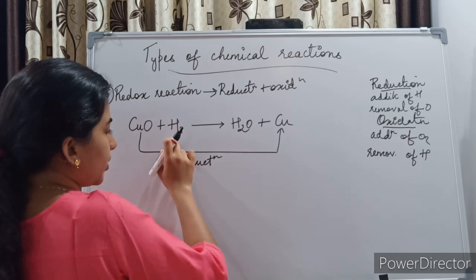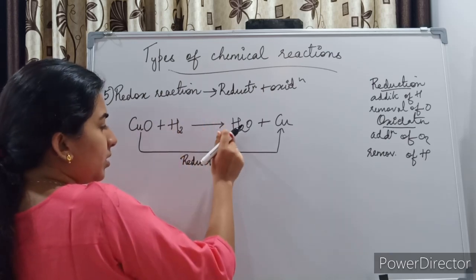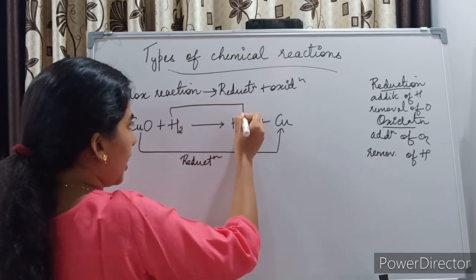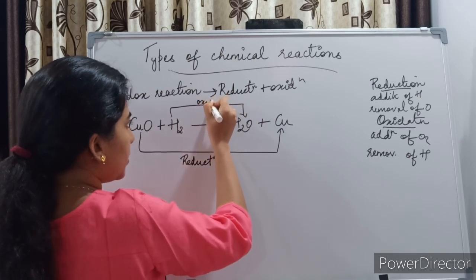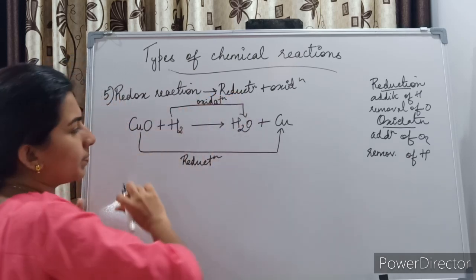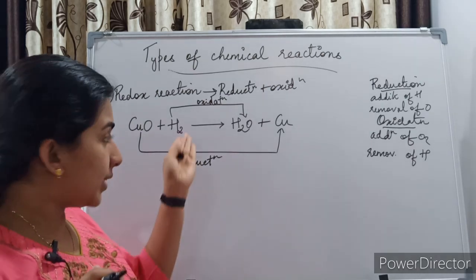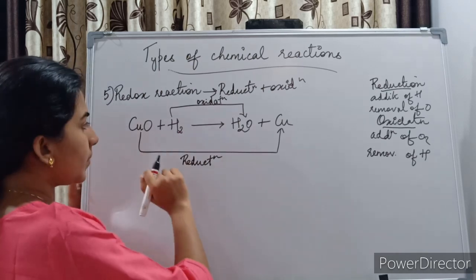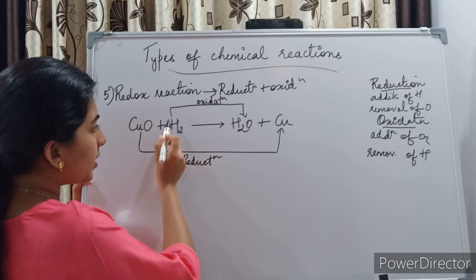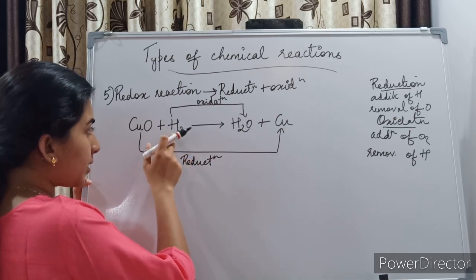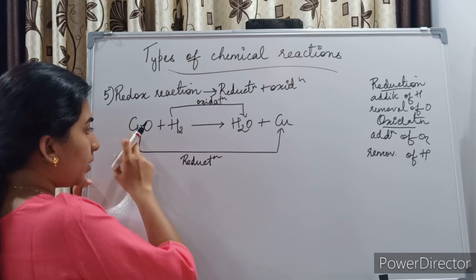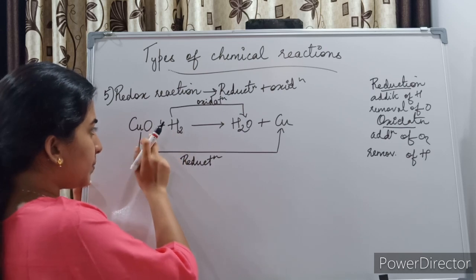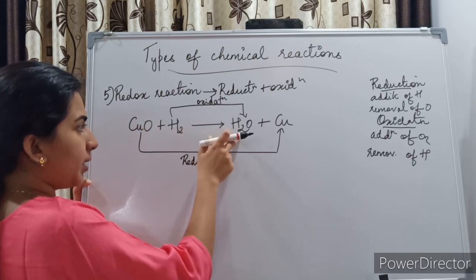Now consider hydrogen. Here hydrogen is converted to water by addition of oxygen, which means hydrogen is getting oxidized. So here oxidation takes place. In this reaction both reduction and oxidation take place, so this is a redox reaction. Hydrogen is the reagent which helps copper to get reduced, because hydrogen is abstracting oxygen from copper oxide and becoming water.